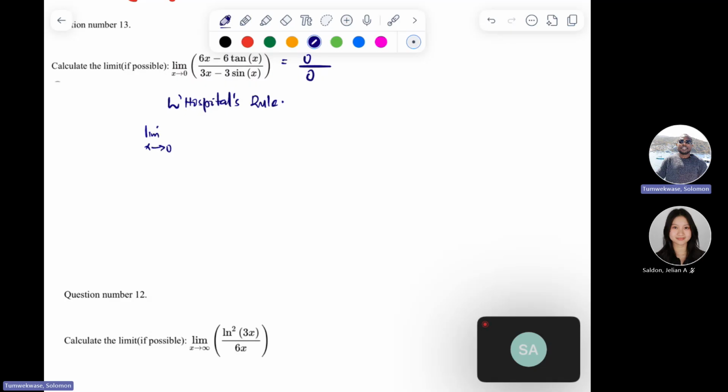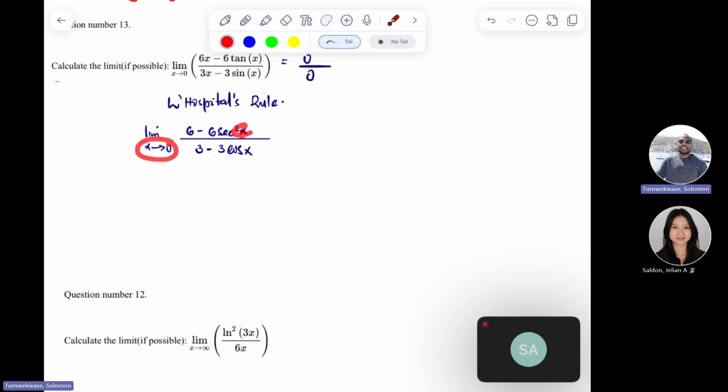When I take the derivative of the guy on top, the derivative of 6x is just 6, and then minus 6 secant squared x, that is the derivative of tangent, then over the derivative of 3x, which is just 3, then minus 3, the derivative of sine x is just cosine x.